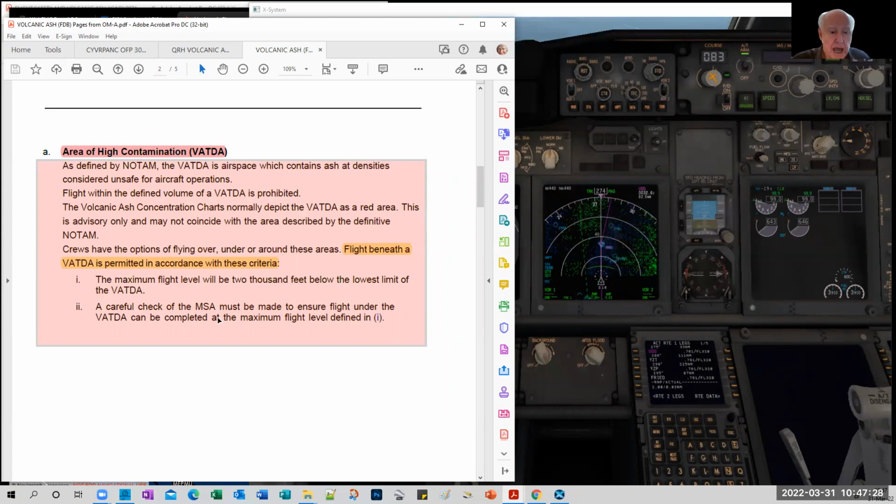A careful check of the MSA, of course, must be made to ensure flight under the VATDA can be completed at the maximum flight level defined in the first statement.